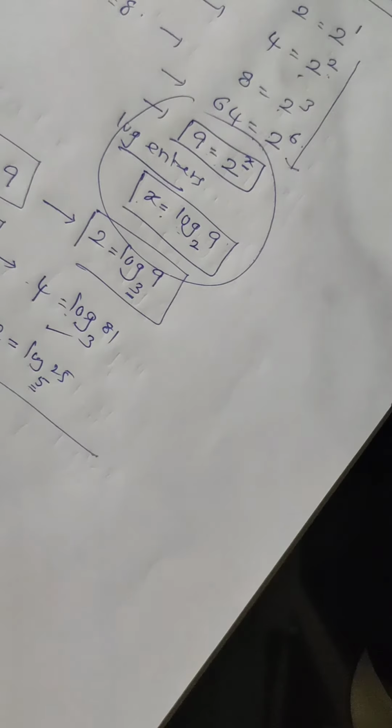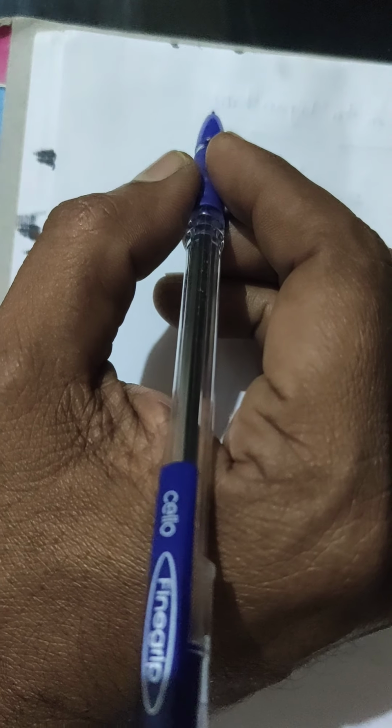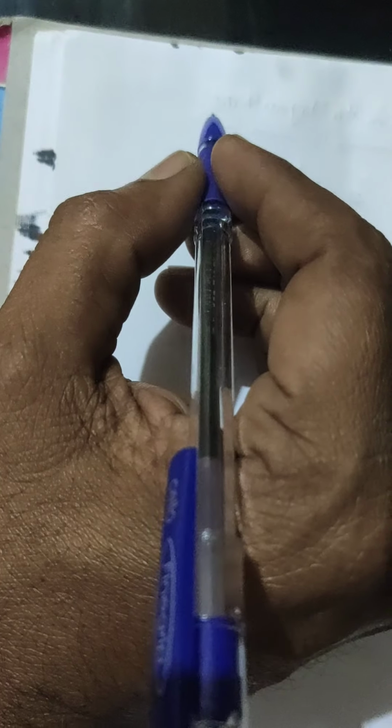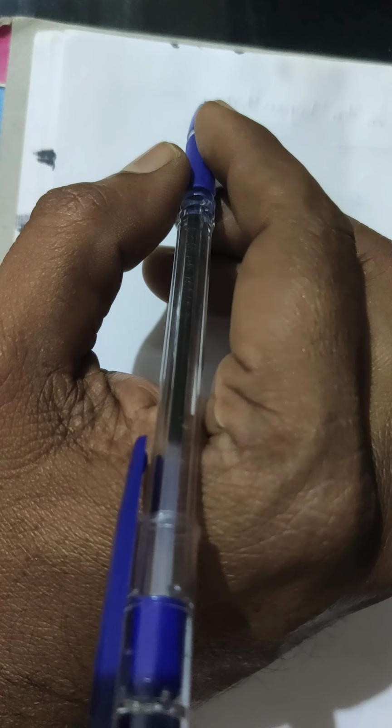Let us solve some examples. Conversion is important from the exam point of view. We have one question on conversion. 7 is 2 power x. If 7 is 2 power x, what will be x?